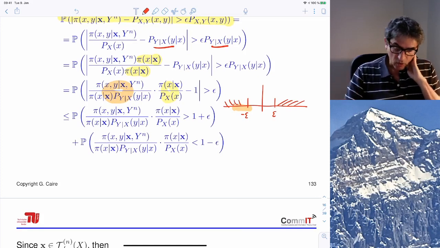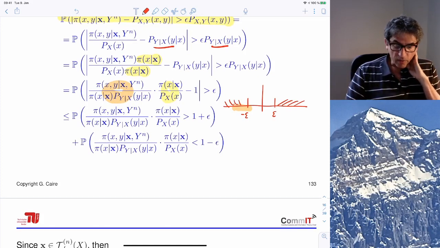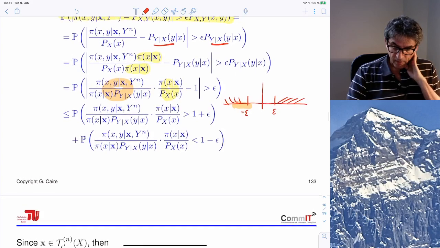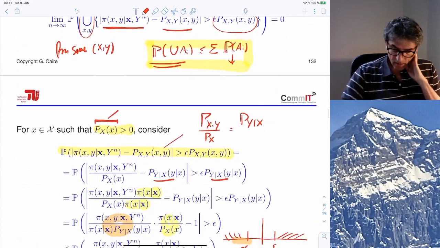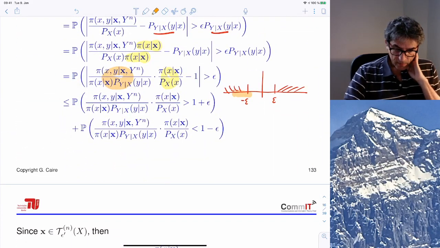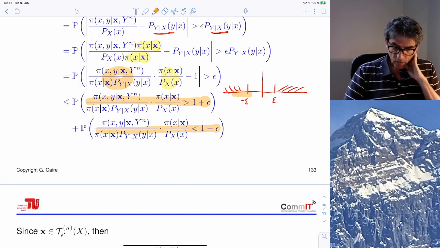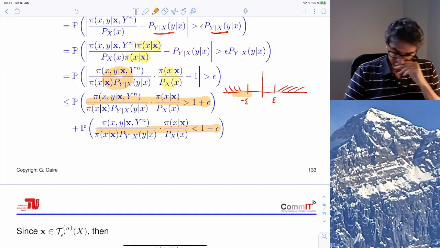In any case, we can use the union bound, so the probability of the union is less or equal than the sum of the two. When we take the condition greater than plus epsilon, and we carry the minus 1 on the other side, we have this event. So we have the probability of this plus the probability of the other event, which follows by taking the minus epsilon, carrying the minus on the other side, and flipping everything. Okay.